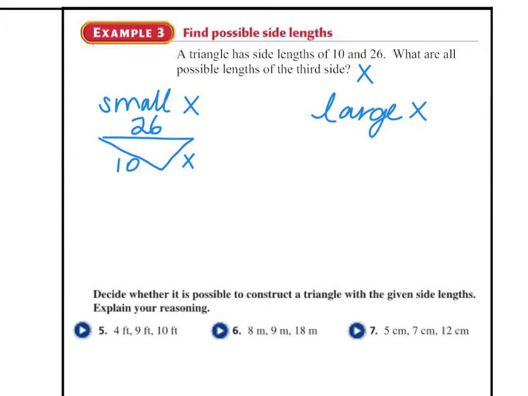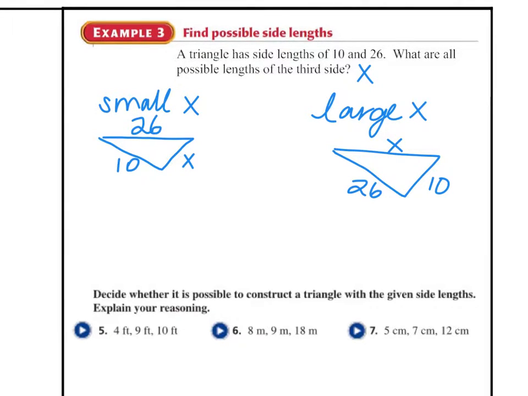Okay? And then the other one, because this is another possibility, is that x is the longest side. Like this. So x could be the longest, and then this would be 26, and this would be 10. So you have two possibilities here. X is longer, x is shorter.